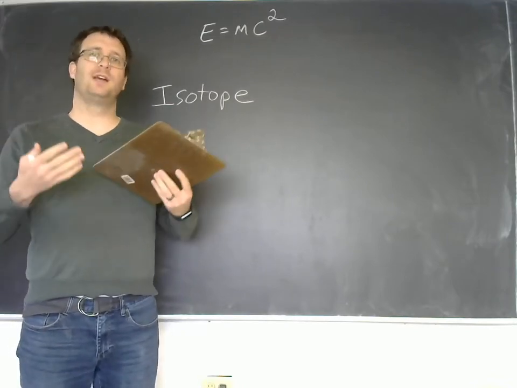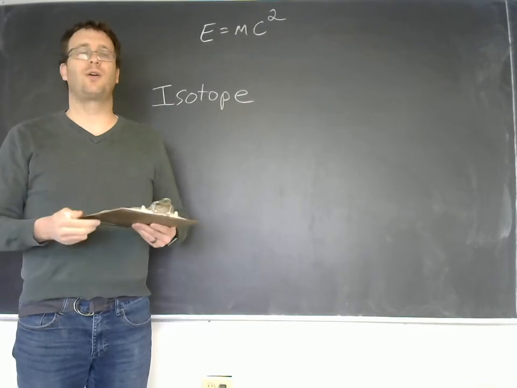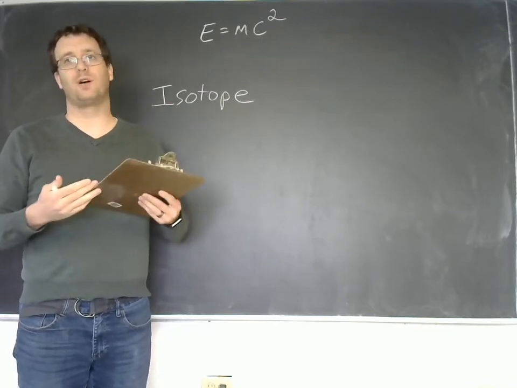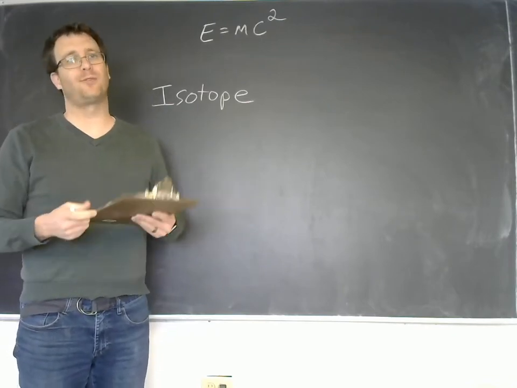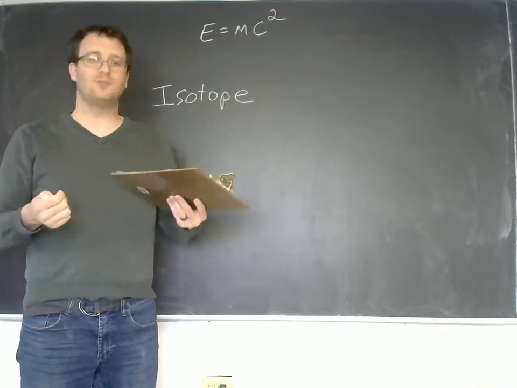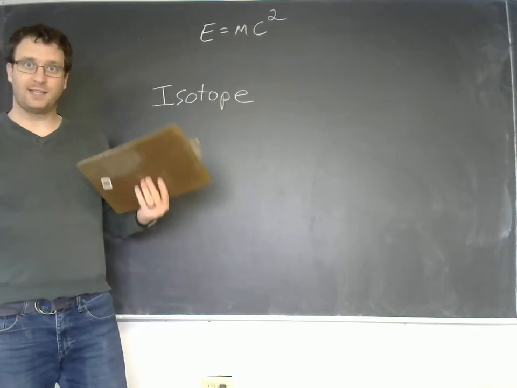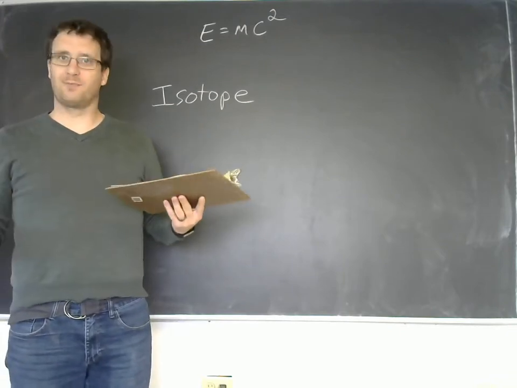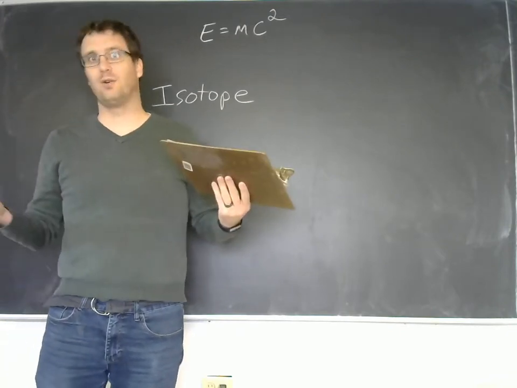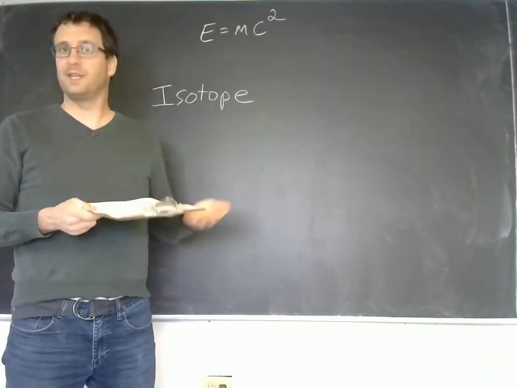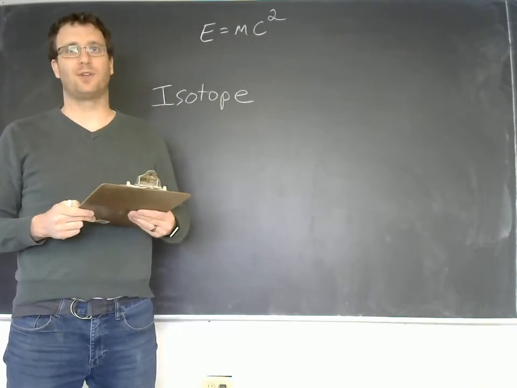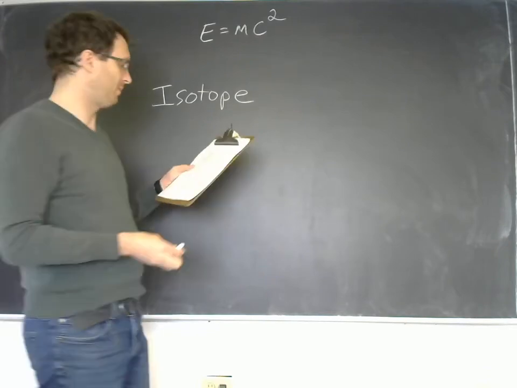Carbon-12 has 6 protons, 6 neutrons. Carbon-13 has 6 protons, 7 neutrons. Carbon-14 has 6 protons and 8 neutrons. Those are different isotopes of carbon. Technically, an isotope is the entire atom that would include the electrons. So there would be 6 electrons around each of the different isotopes of carbon.